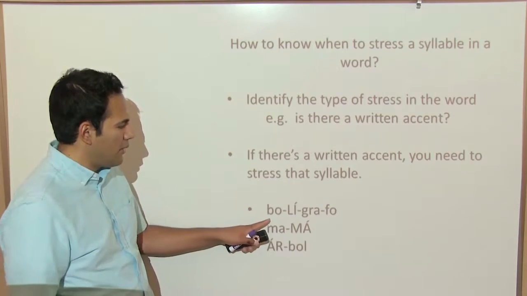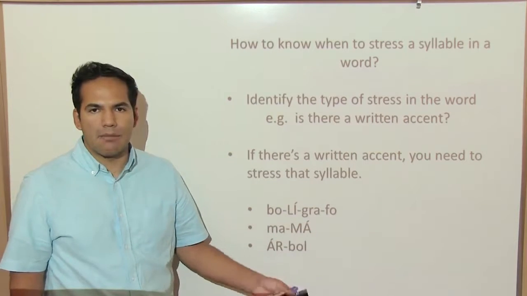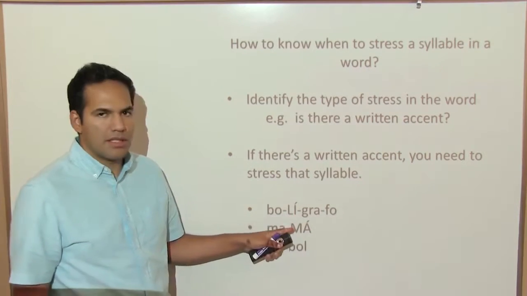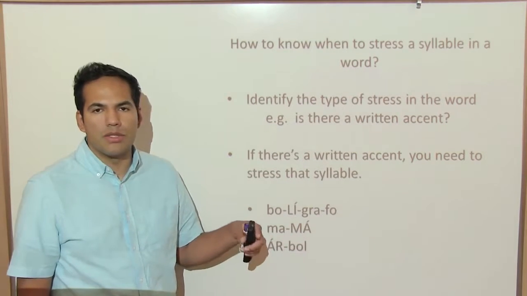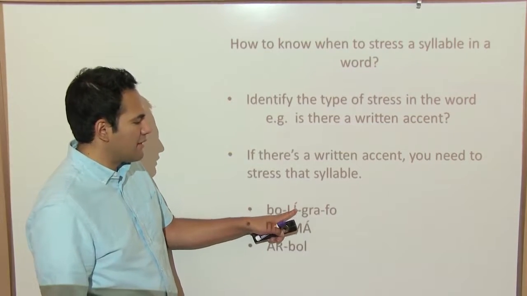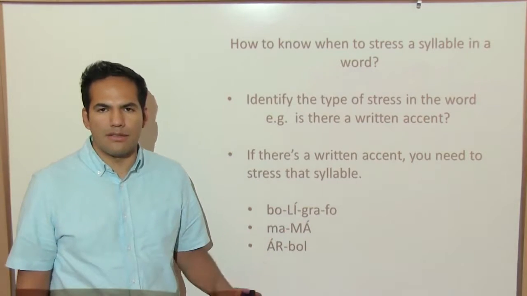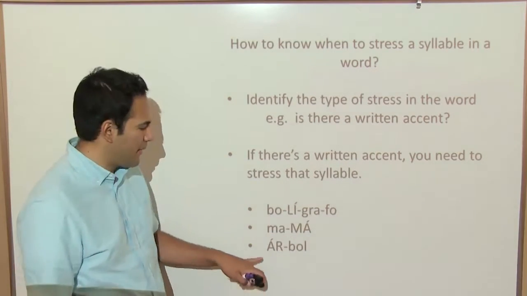For example, we have bolígrafo, which is a pen. This is capitalized, it's usually not. I just want to emphasize that that's the syllable we're going to stress when we pronounce it. Since we have the accent on the I, we're going to say bolígrafo. That's where the stressed syllable is going to be, because the marked accent is telling us that.